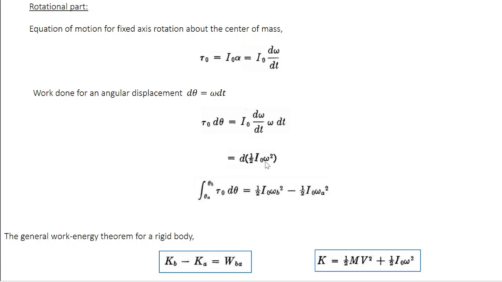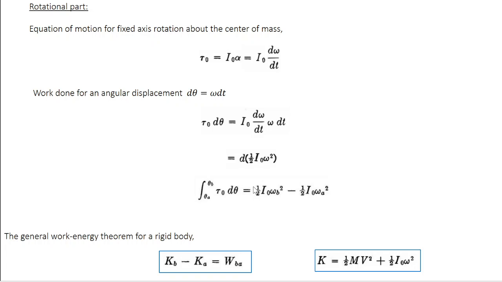Now if you want to calculate the total work done from position A to position B, theta A is the orientation at position A, theta B is the orientation with respect to center of mass at position B. So the total work done is the integral from theta A to theta B of tau naught d theta, and on the right hand side once again the integral and differential cancel.